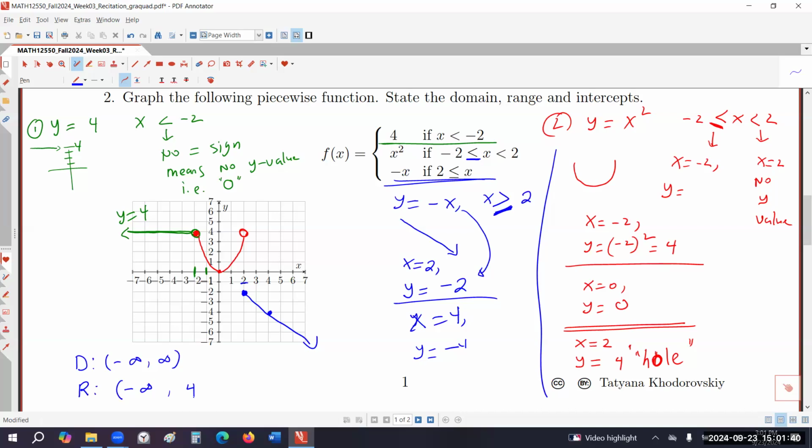Okay. We did not use every y value. We used all the y values from negative infinity until negative 2. And there is nothing between negative 2 and 0, right? There is no graph here. That means we have a break in our range.